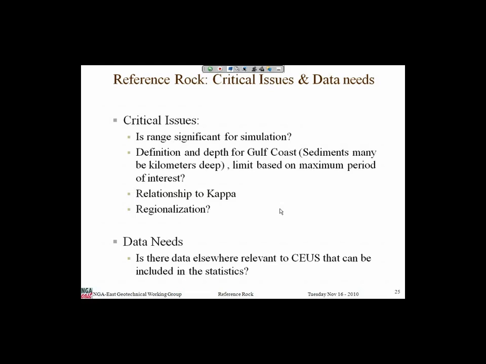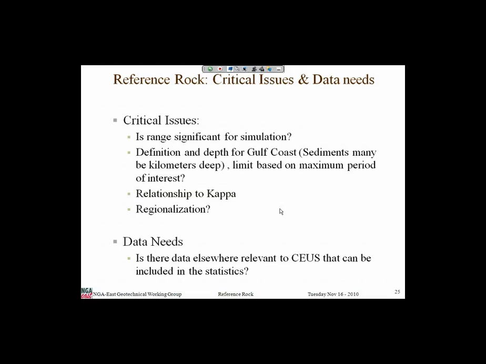I guess I'm Walt Silva. To me, it doesn't make a lot of sense to have two sets of amplification factors: one set for hard rock or semi-hard rock, and another set for soils or firm rock. And I don't see any compelling evidence to reject around 2.8 kilometers per second.